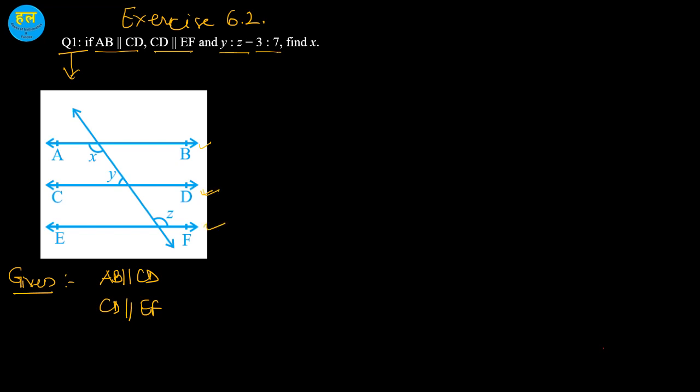What else is given? Angles Y and Z are in a ratio of 3:7. Then we write what we have to find, or what we have to prove. We have to find X. Okay. Now we'll write the solution.